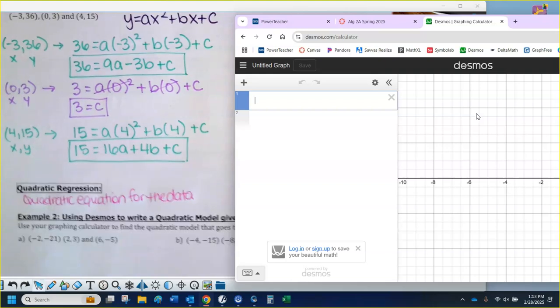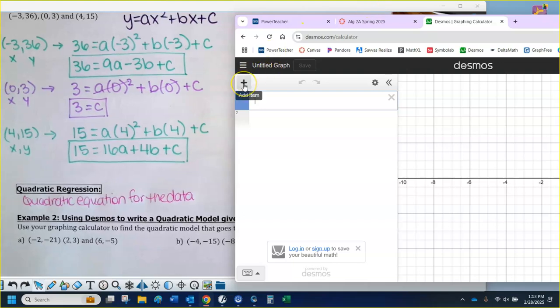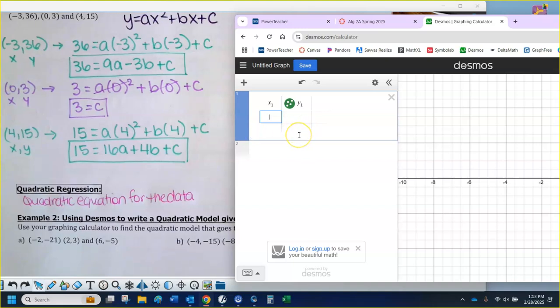Okay, so what you got to do, there's a little plus sign on this far left side. Just click the little plus sign, and then third one down says table. We're going to make a little table with the points. So just click on the table, and then I'm just going to type these x coordinates. So I have -3, and then we have 0, and then we have 4. Those are the x coordinates.